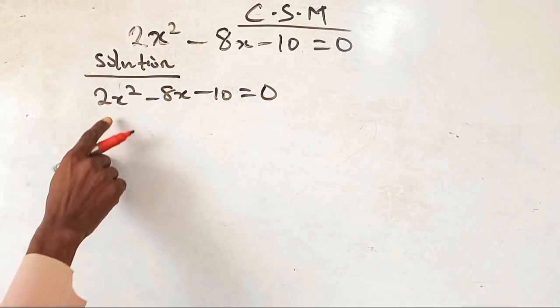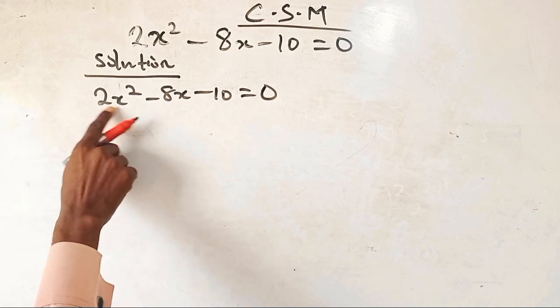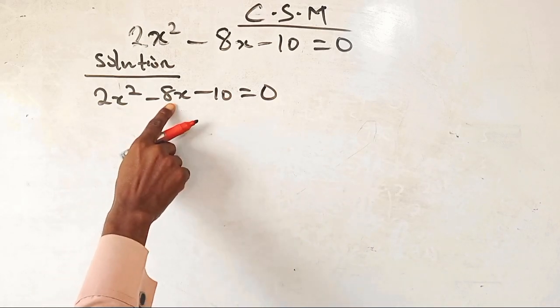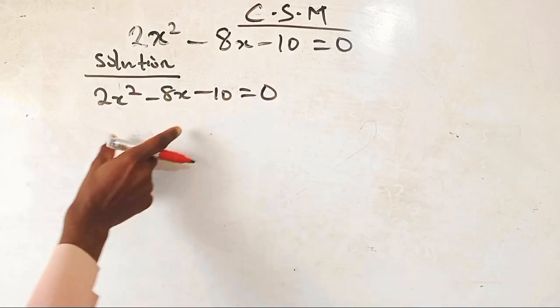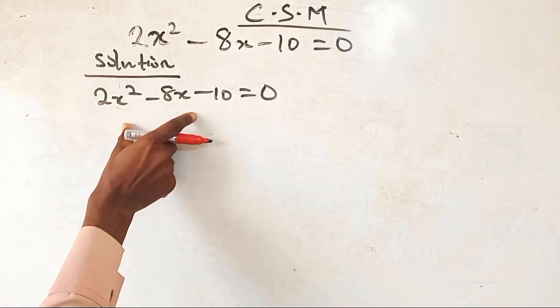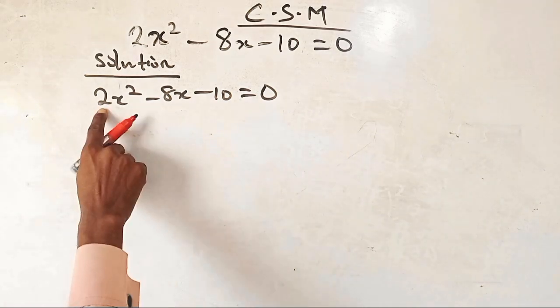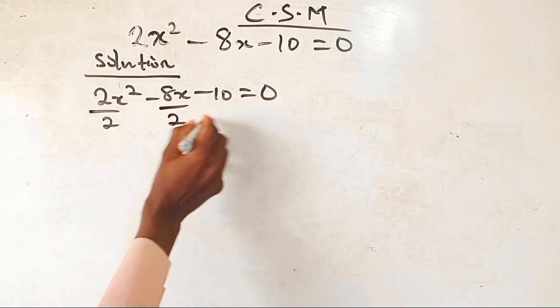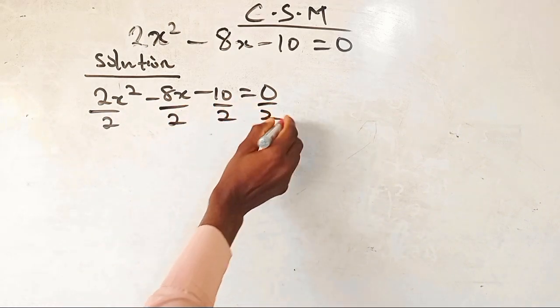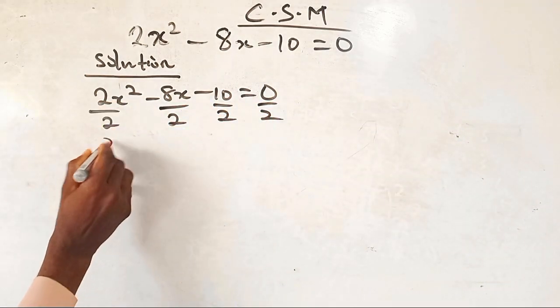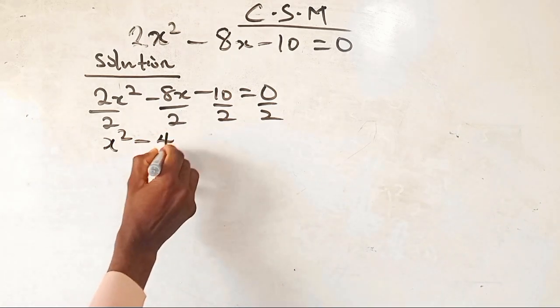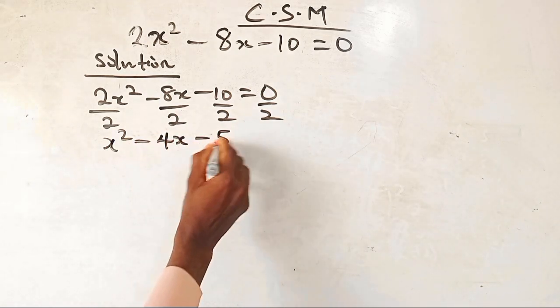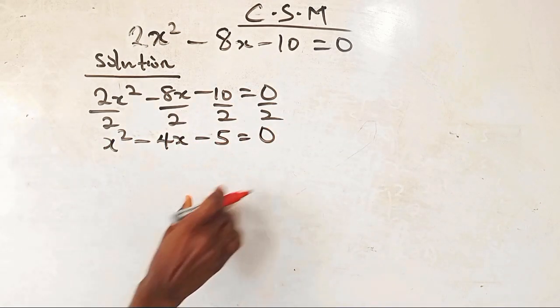When we look at this quadratic equation, the coefficient of x squared is 2 and the coefficient of x is minus 8. So we divide all through by 2, the coefficient of x squared. Here we have x squared minus 4x minus 5 equals 0.